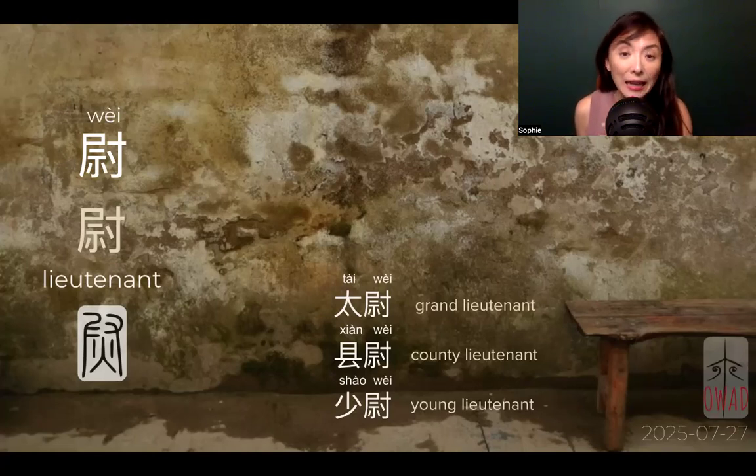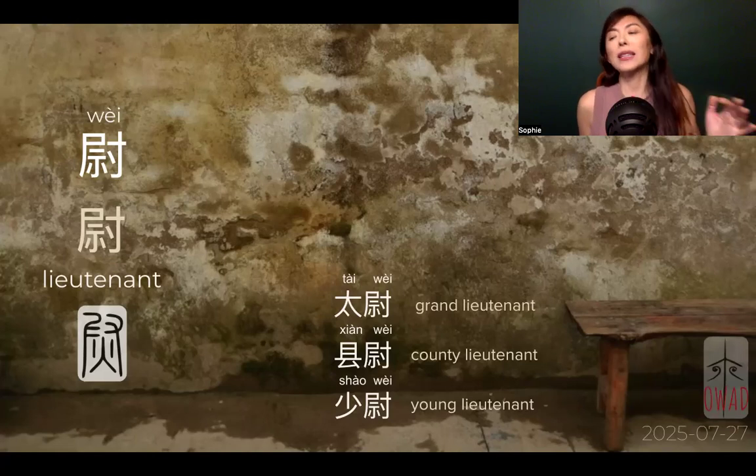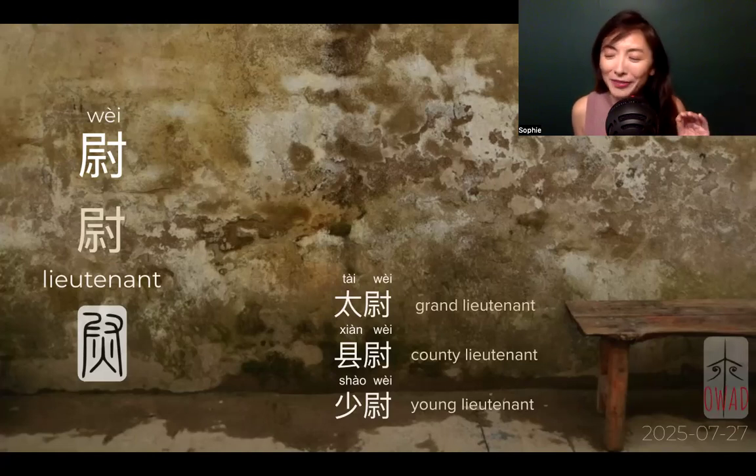Probably because lieutenants in ancient times were most likely clad in such crisp clothing to show that they take good care of their appearance, because they are government officials, and most likely lieutenants are military officials.